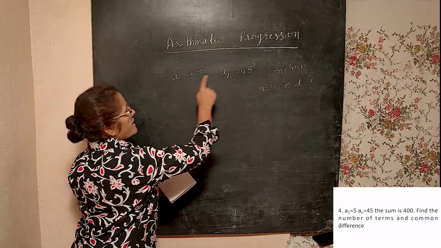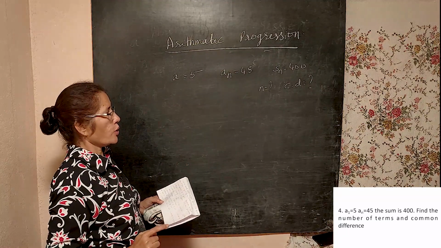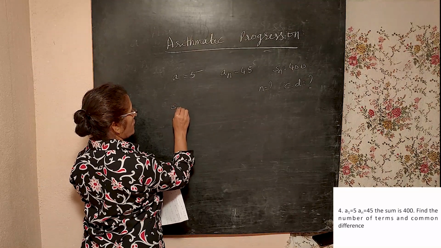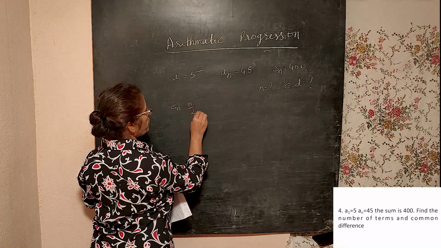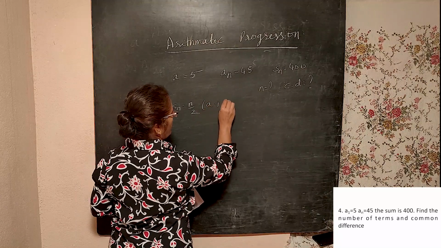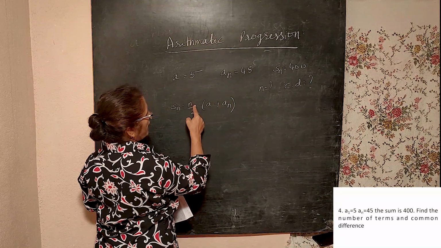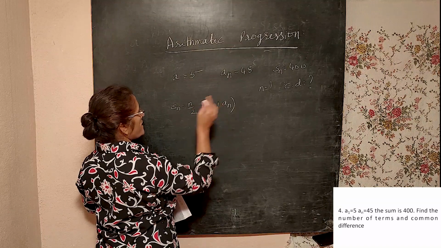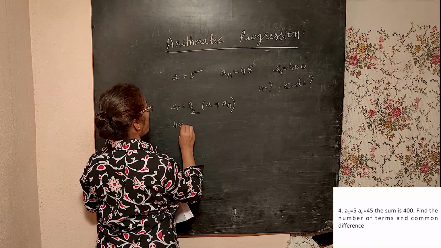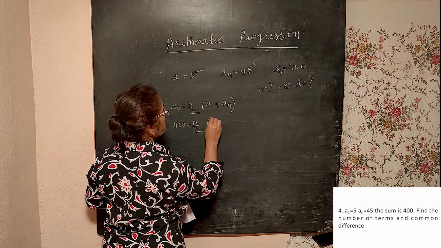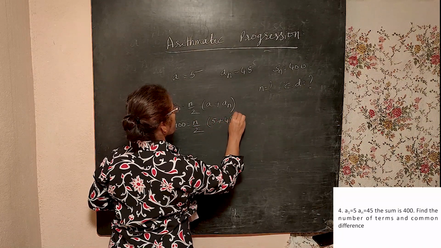Now, by this you can find out what is n. I can use the formula Sn = n/2 × (A + An), first term plus last term. Since I know both, I can find out n. What is Sn? 400 = n/2 × (5 + 45).